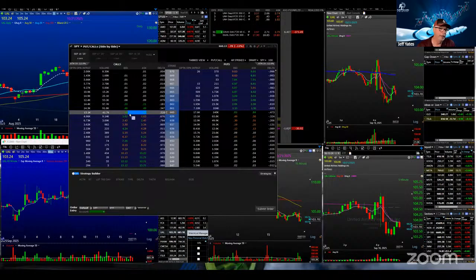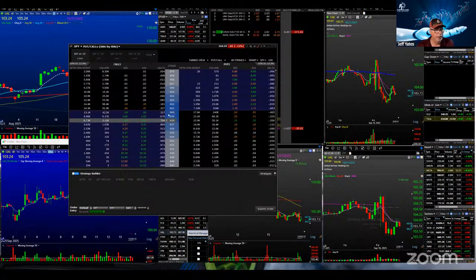SPY on a 50 delta, how many dollars does the stock have to move back to make that a $1 premium loss? You should know this, right? How many dollars does the SPY have to move back if at a 50 delta to have a $1 premium loss?